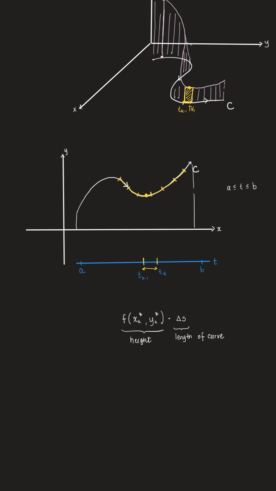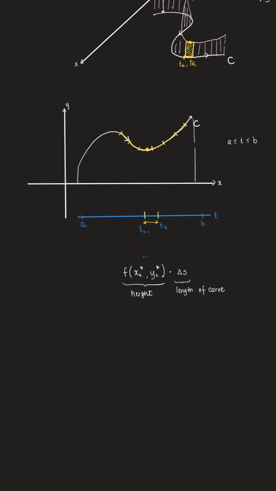And then when we want to approximate the total area of this curtain, our total area approximation is going to be adding up over our partition. We add up over k from k equals 1 to n. We take our function values at our little sample point in each subinterval.